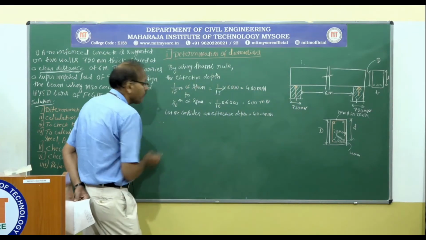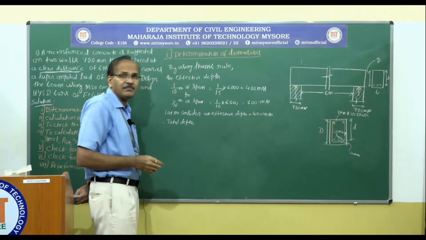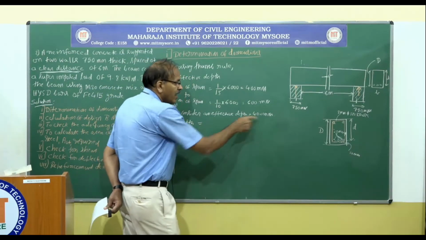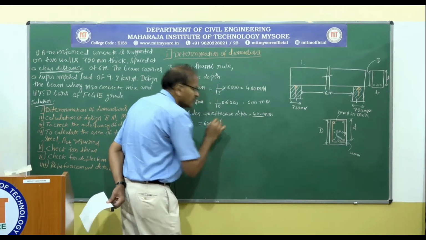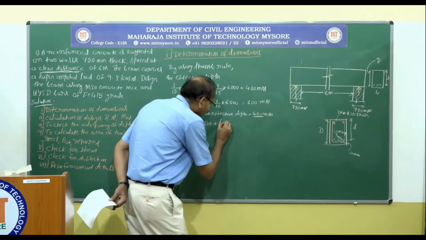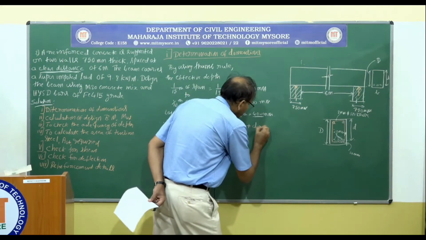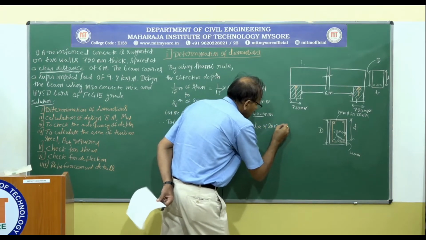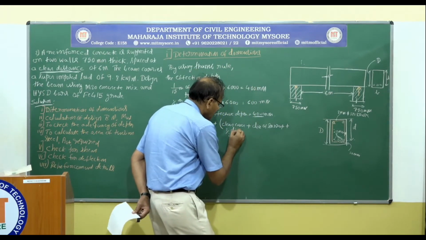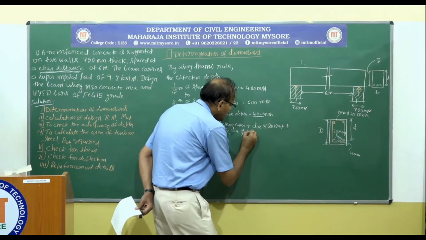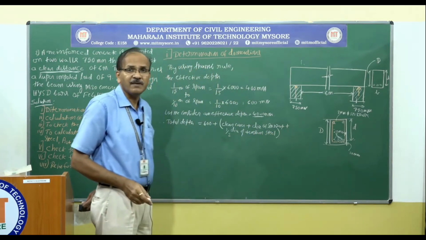Therefore, total depth equal to effective depth 400 plus clear cover plus dia of stirrup plus half the diameter of the tension steel.